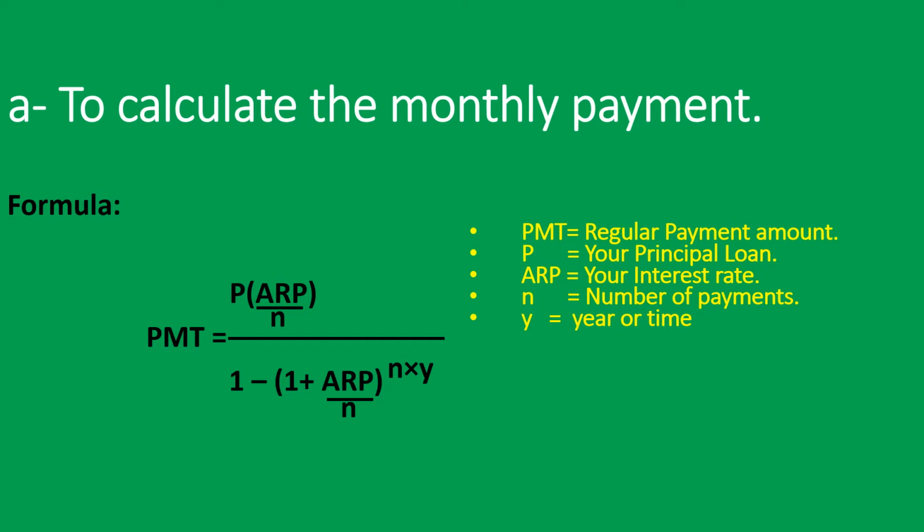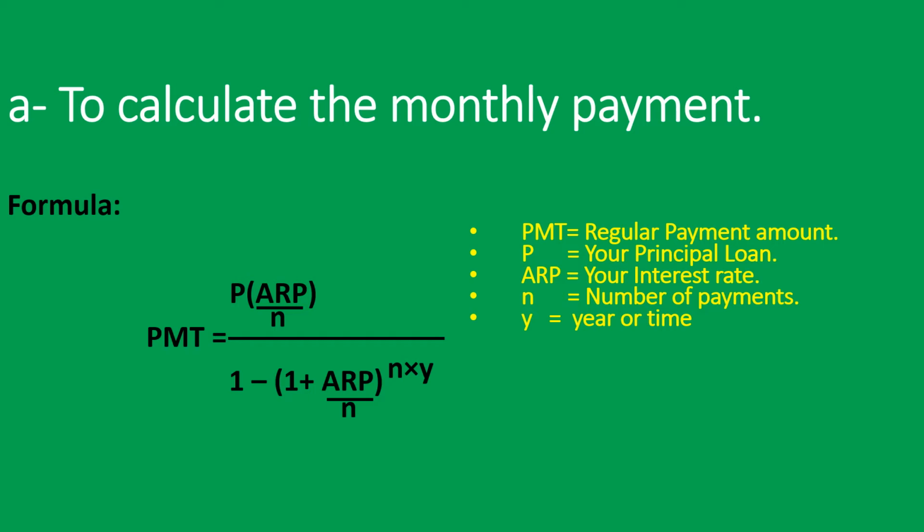You can see here the formula. PMT means regular payment amount, P means principal loan, APR is your interest rate, N is the number of payments, and Y is annual or time, year. So this is the formula.